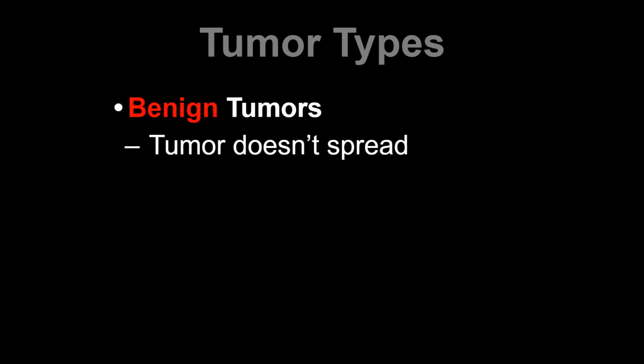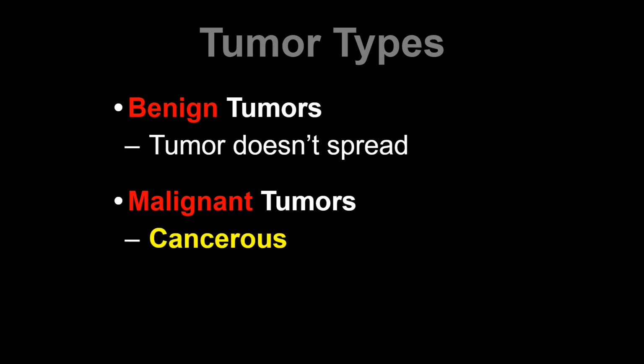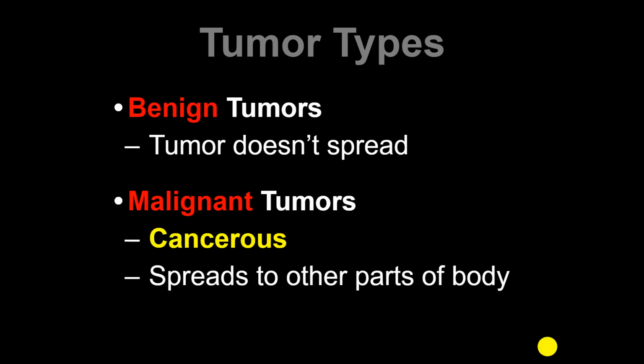Tumors come in two types. Benign tumors are ones that don't spread. They might get bigger, but they don't spread to other parts of the body. Malignant tumors are the ones that are cancerous. These can spread to other parts of the body, which is why you could start with one kind of cancer and end up with a bunch of different types of cancer.